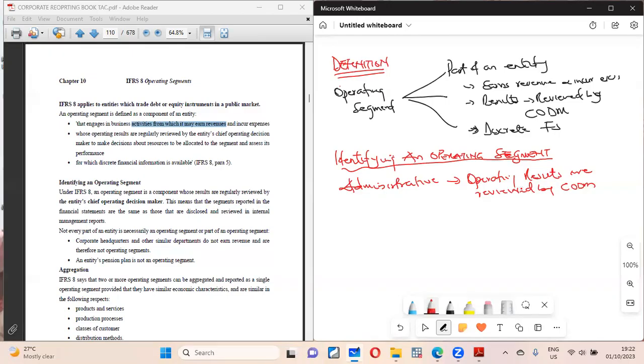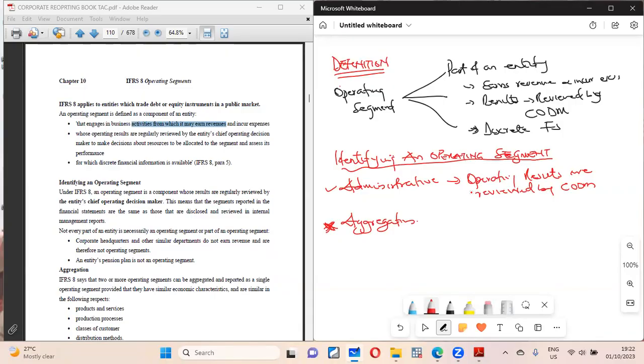Another way you can identify an operating segment is what we call aggregation. That one is not actually a way of identifying an operating segment; it is under the administrative way. So aggregation becomes very key.